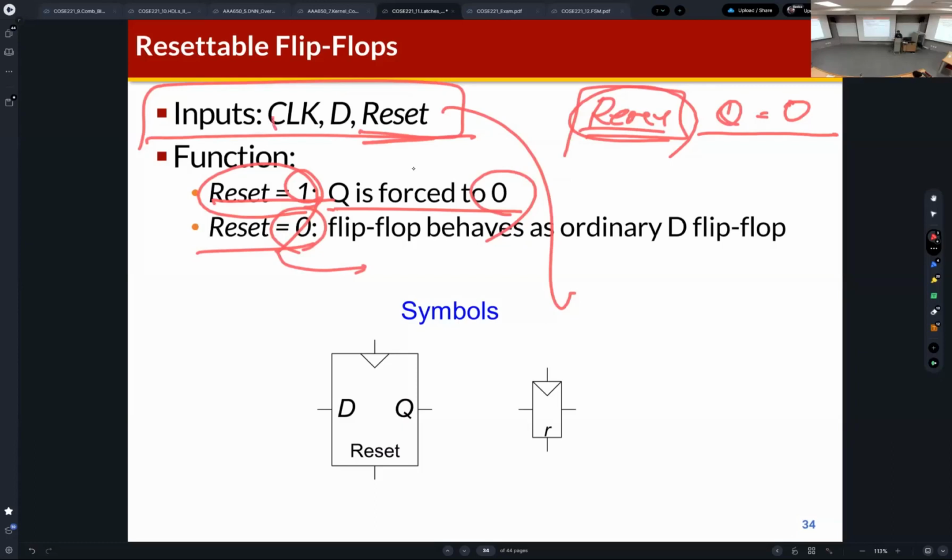That's why when we design a digital system, we define a reset state, and the reset state can be implemented using a resettable flip-flop.